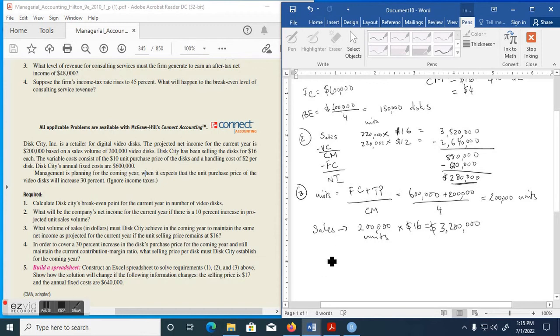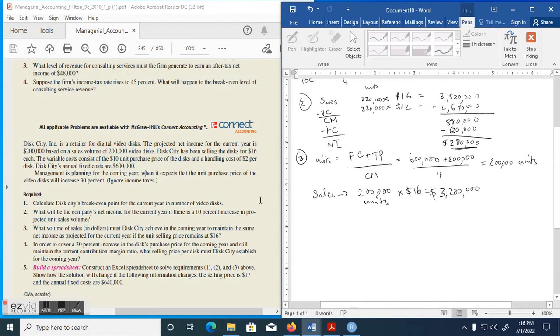$200,000. And part 4 says, in order to cover a 30% increase in the disc's purchase price for the coming year and still maintain the current contribution margin ratio, what selling price per disc must Disc City establish for the coming year? Now, this is very interesting. This is something that happens very, very often within any manufacturing industry.